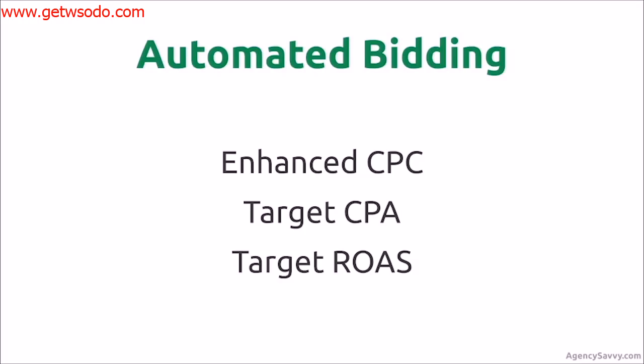But you can then have this, it's similar to the target CPA, but it's taking into account obviously the different revenues for the different sales. I think I used an example earlier in the course. You might have one sale that's $500 and one sale that's $50. If you're selling lots of different items, then ROAS is a better KPI, a better measure of success than just CPA, which is just, did I sell a thing? I don't really care which thing, just did I sell a thing? Return on ad spend says, yep, I sold something, and what was the revenue from that?